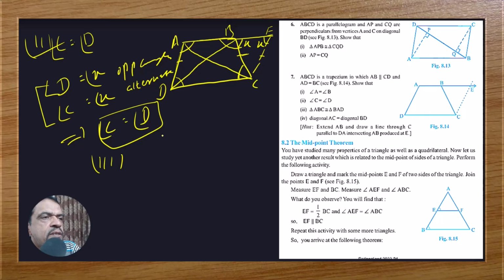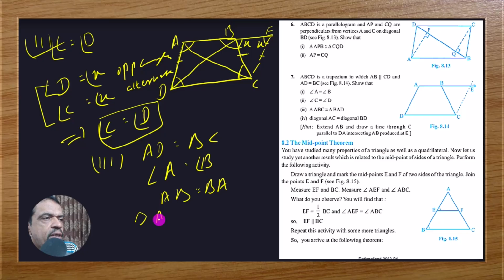So the triangles are congruent by SAS. AD equal to BC, and A equal to B we proved in the first part, and AB equal to BA, this is common. So triangle ABC is congruent to BAD by SAS.